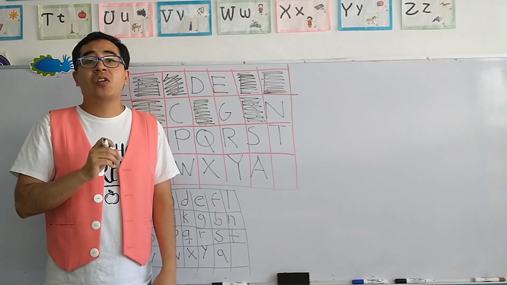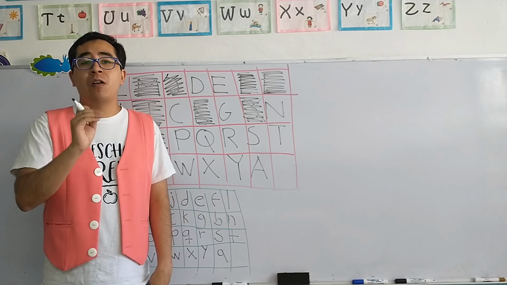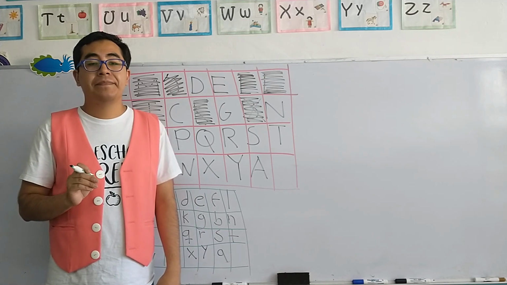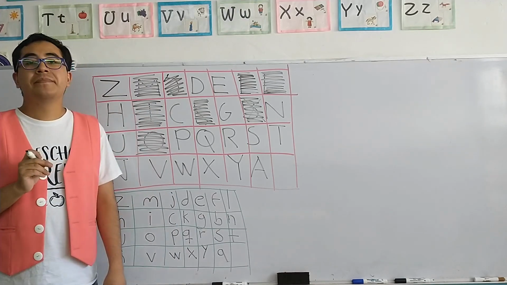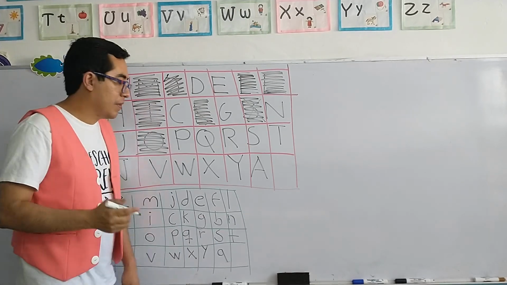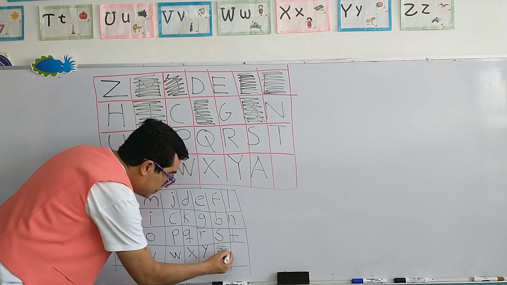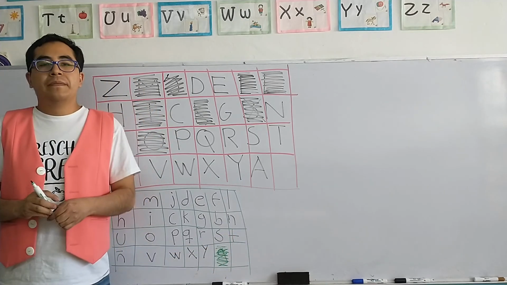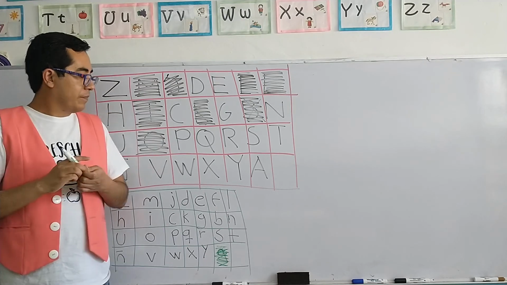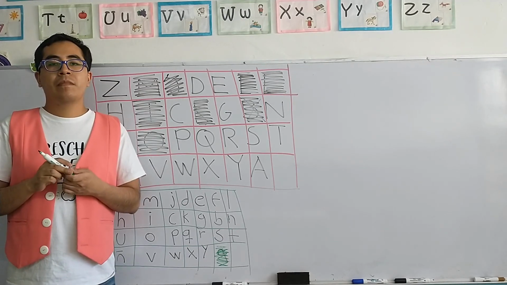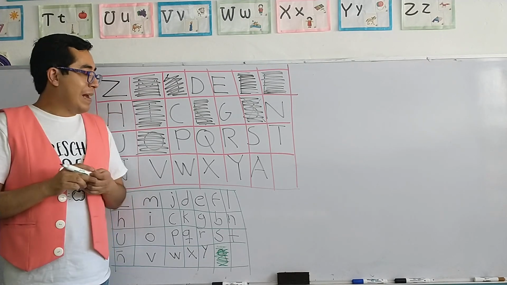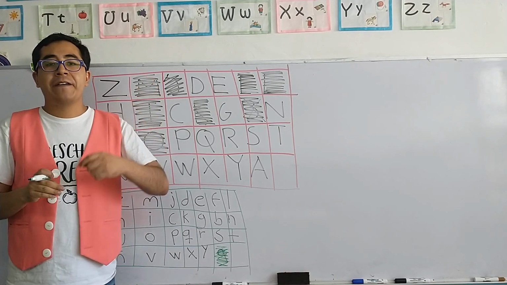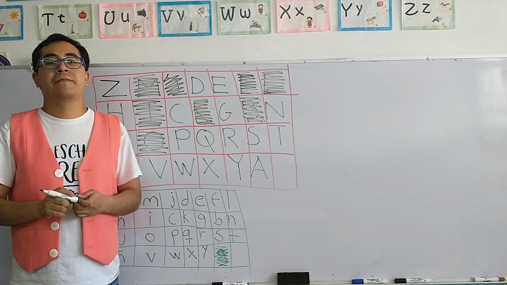of ambulance, of airplane, of Alonso, of Alondra, of ant. Right here. The next letter, letter F, of fish, of Frida, of fat person.